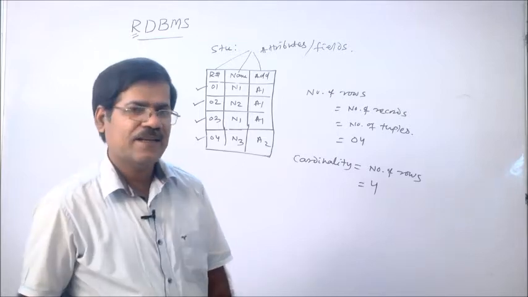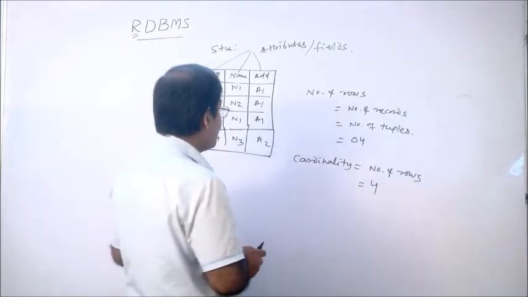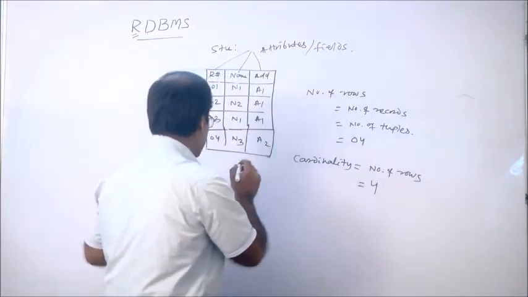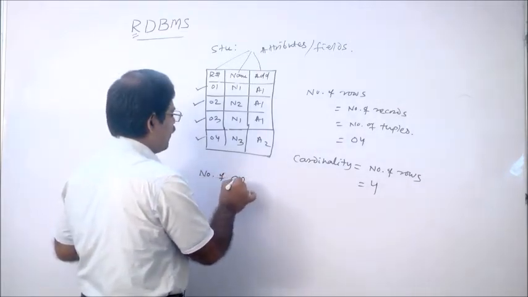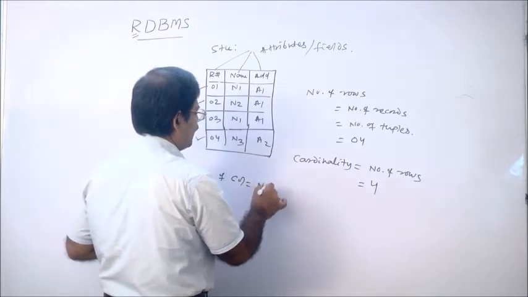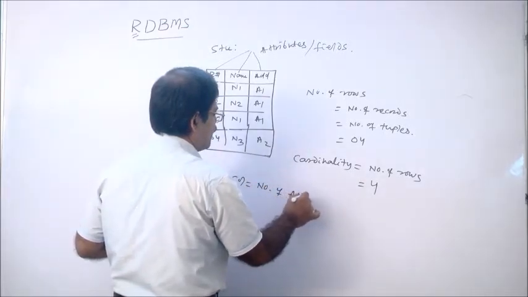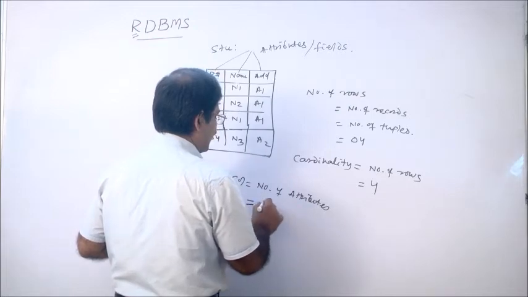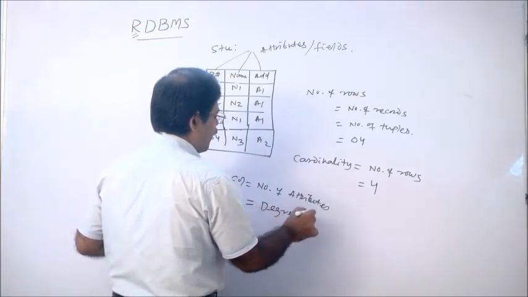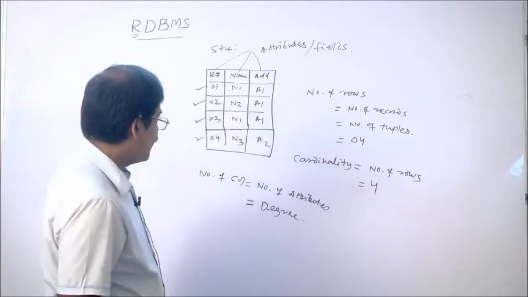Degree. Remember, the number of columns, meaning the number of attributes or number of fields, is called degree. So, what is the degree of this relation?